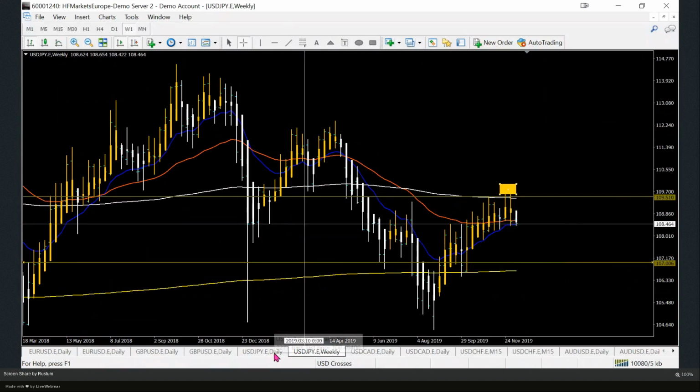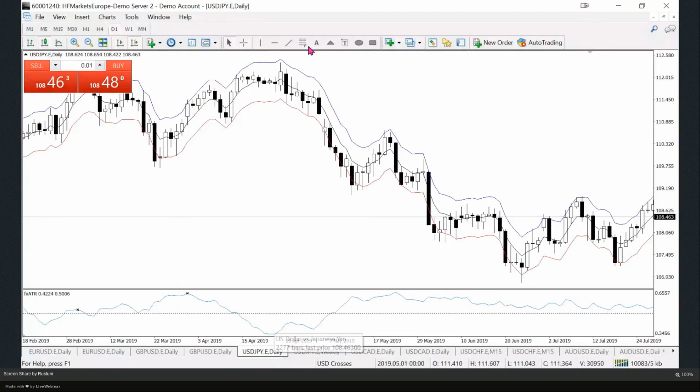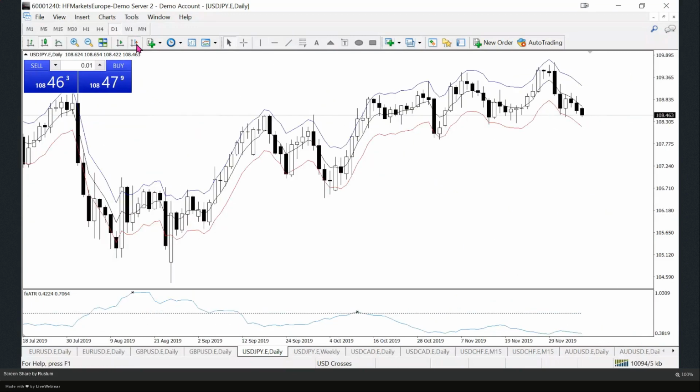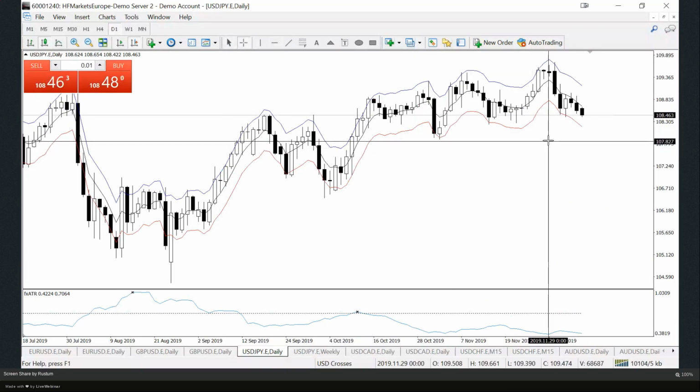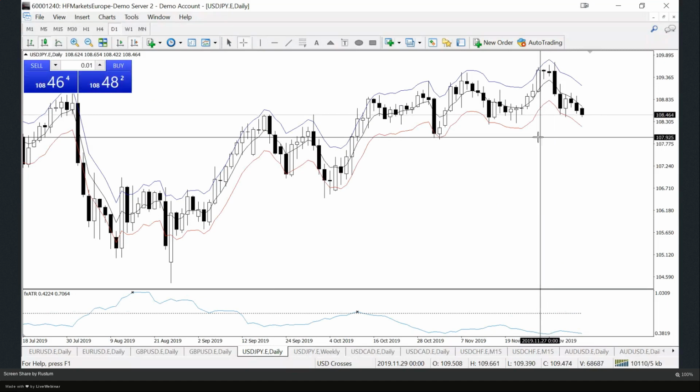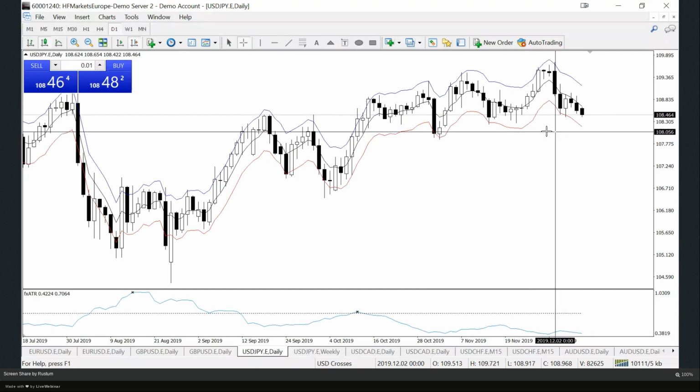So we're going to our normal daily chart here, because we've identified a range, and Heikin Ashi is a trend trading strategy. We've identified a range, which means we're not going to use our Heikin Ashi here. We are going to use our normal charts, our classic charts. Now we've identified that it's ranging on the weekly, and it's the end of November. This is the area we are looking to short.